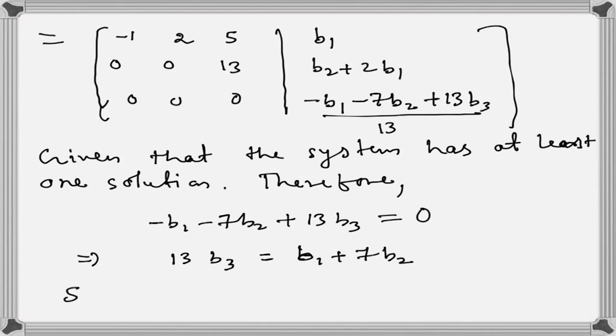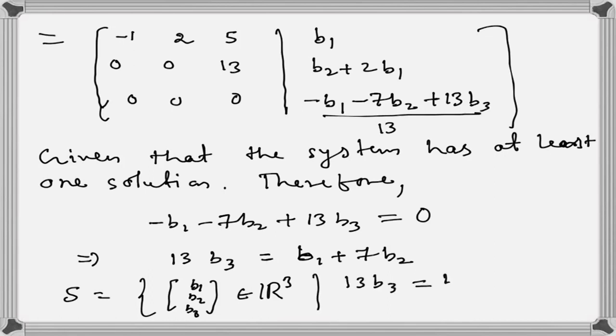So S is the set of column matrices (b1, b2, b3) belonging to R3 such that 13 b3 is equal to b1 plus 7 b2. Okay, so we have formed the S set.